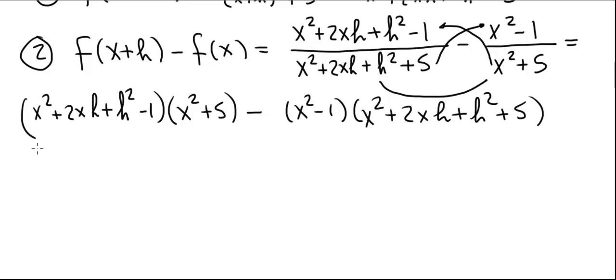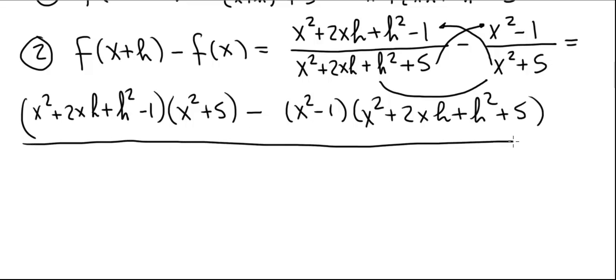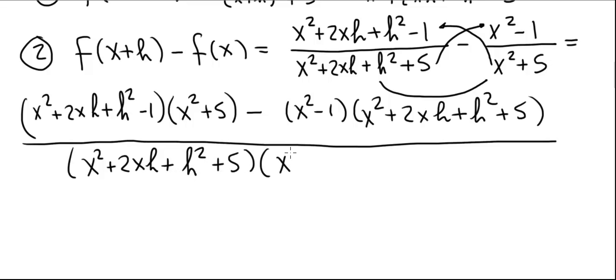And our denominator is the product of the two denominators, which is x squared plus 2xh plus h squared plus 5 times x squared plus 5. There's no need to do anything with the denominator until the very end. We have to work on the numerator.